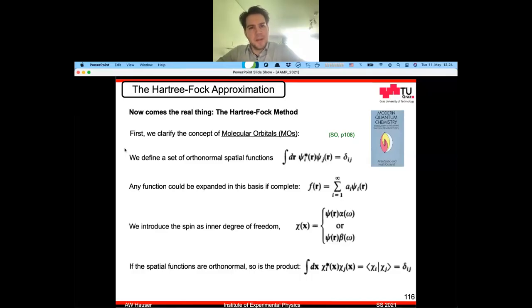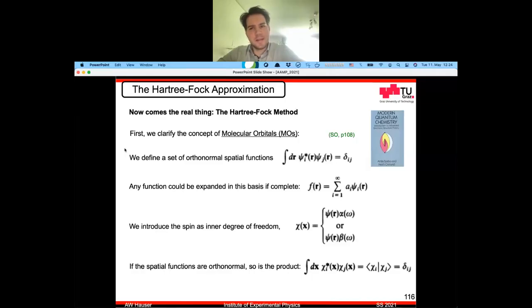So here on the slide, you can see we're going to define this set of orthonormal spatial functions, which are written here as lowercase psi. These form an orthonormal set. So this gives us a delta ij, and in principle any function, if this is a complete set, could be expanded in this basis of orbitals psi. Now we just do one more extension.